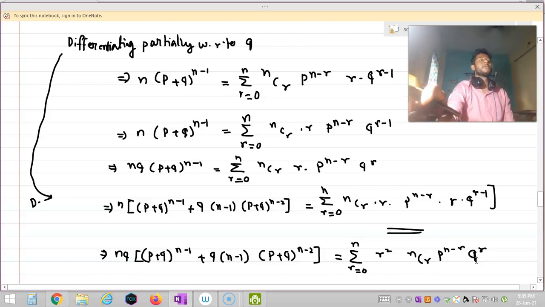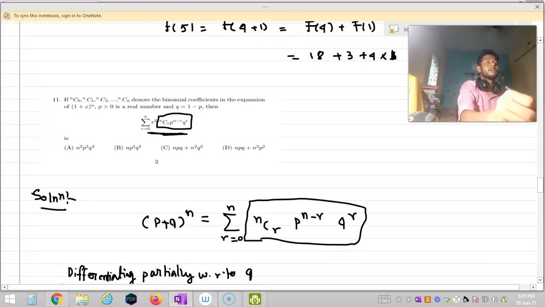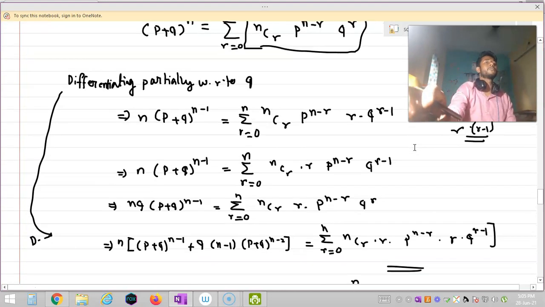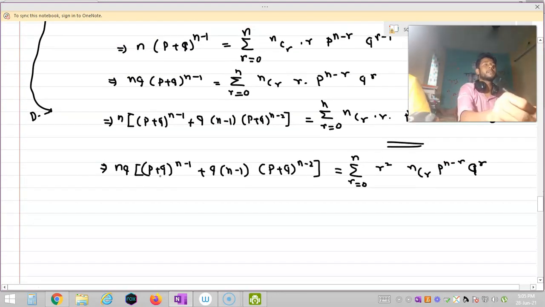Now you can see that there is another condition, that q = 1 - p. In other words, p + q = 1, so I am going to put the value of p + q as 1. So this is nq times 1 plus q(n - 1) times 1.